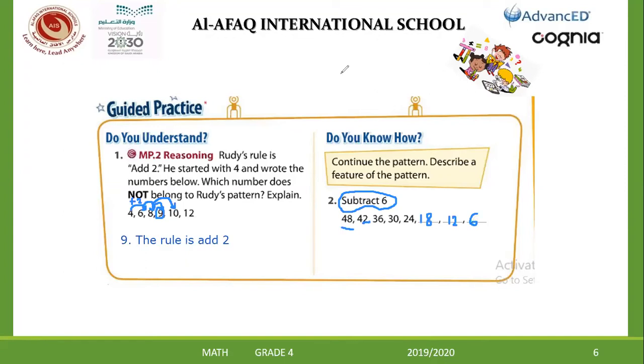We can describe the feature of the pattern by writing: the numbers are multiples of 6. All of them represent multiples or products in table 6.